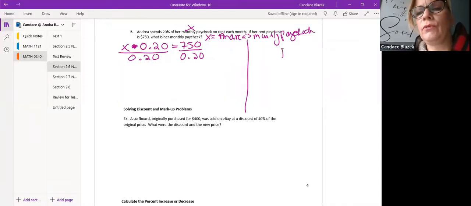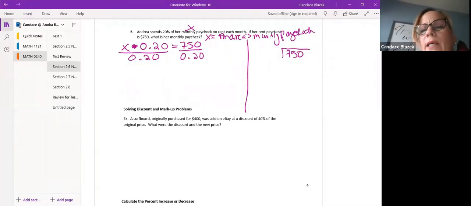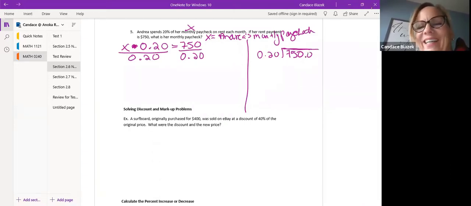When I do a division problem that involves a percent or decimal, I have to get rid of the decimal, because it's almost impossible to divide by decimals. It takes a lot of brain power. So I'm going to move the decimal to the right 2 times, both in the divisor and the dividend.